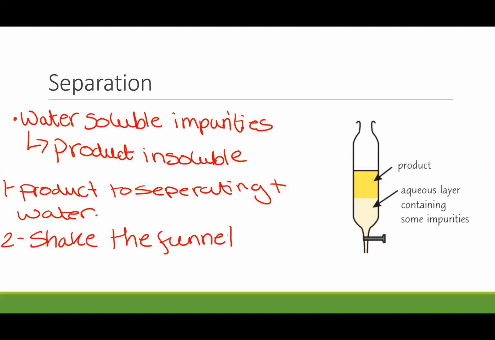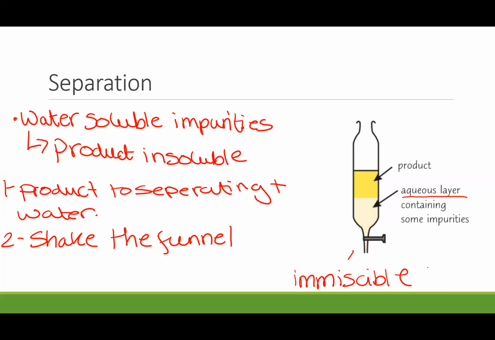The aqueous layer is going to contain any water-soluble impurities. And they are immiscible. These two do not mix, and immiscible means that they do not mix. So they are able then to separate into two distinct layers.